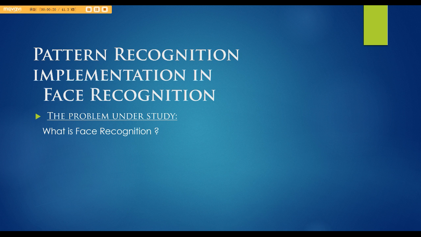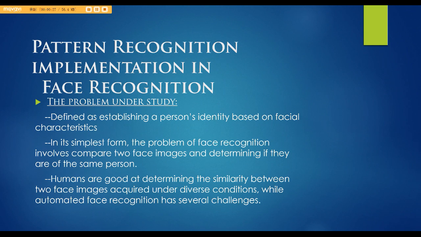So, the problem under study is, you may ask, what is face recognition? Well, face recognition is defined as establishing a person's identity based on facial characteristics. In its simplest form, the problem of face recognition involves comparing two face images and determining if they are of the same person.